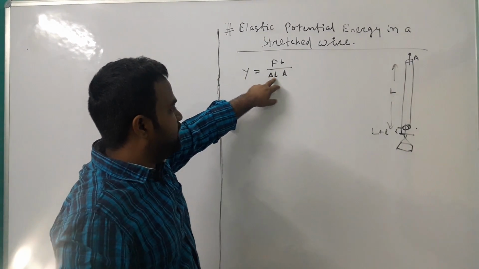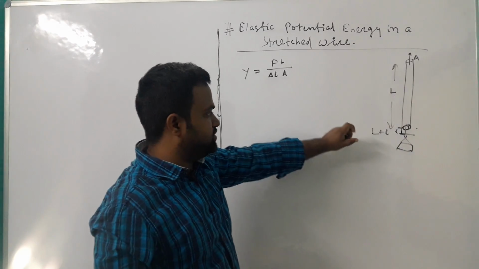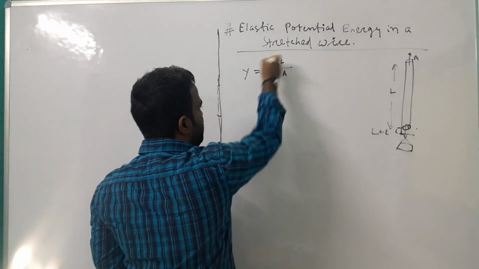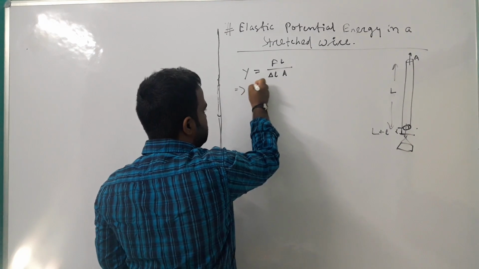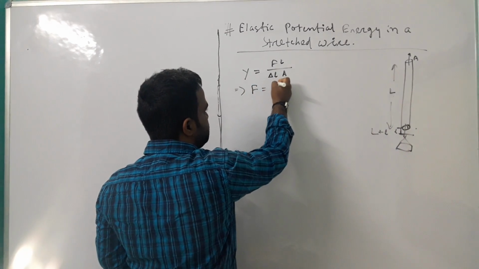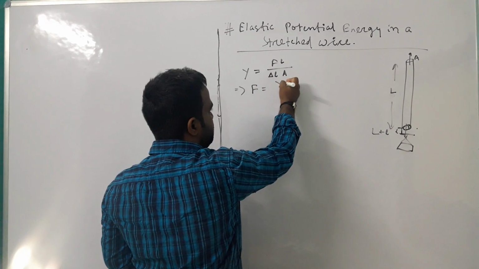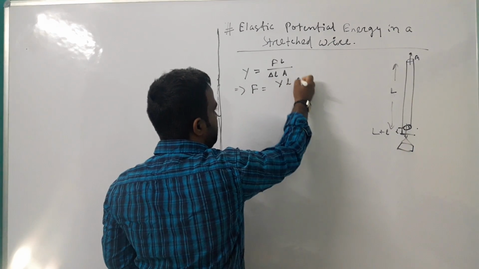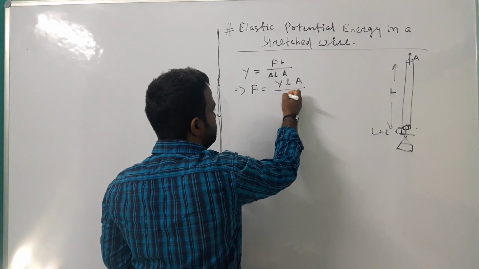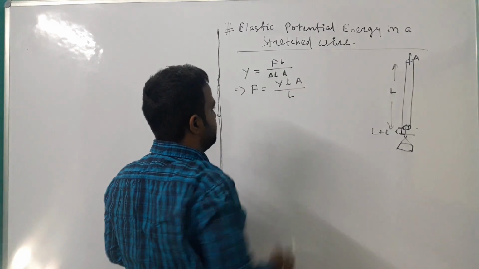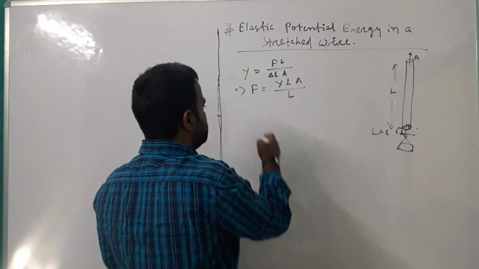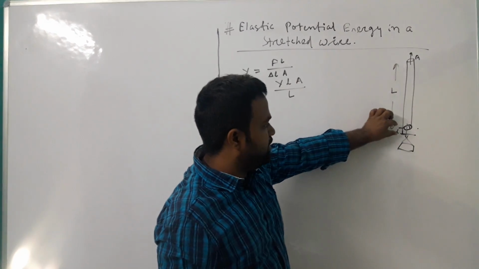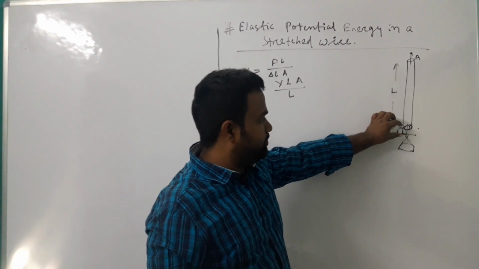Here del L we have taken as small l, that is the change in length, or increment of length. So I can write this equation as: force is Y small l A upon capital L. This is the force when there is elongation l.